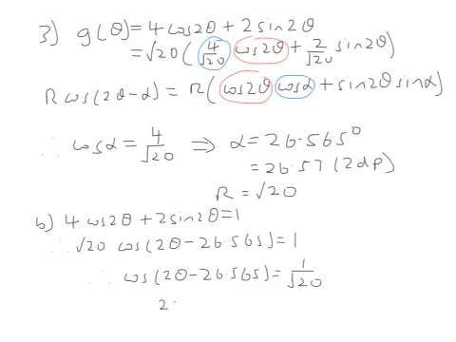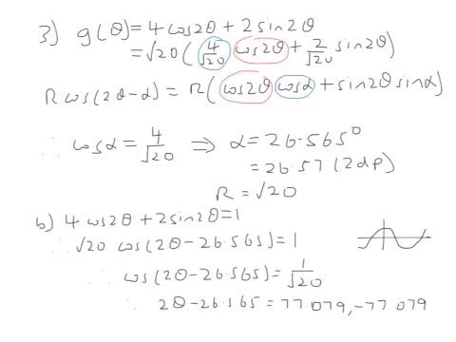So therefore 2 theta minus 26.565 is inverse cosine of 1 over root 20, which is 77.079. And then the other angles that we get, because the cosine curve is this, we're going to get minus 77.079. Bear in mind that the values of theta are between minus 90 and 90.